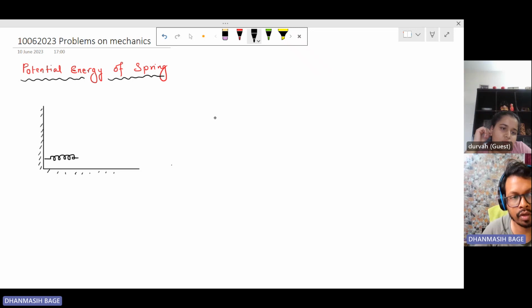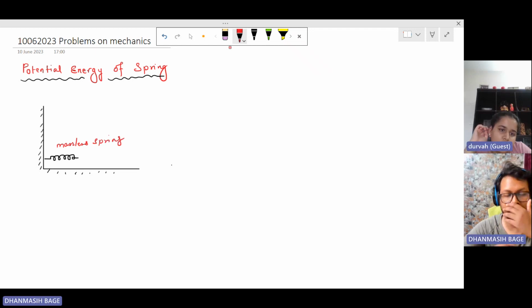First of all, we'll just talk about a massless spring. Whenever you're solving questions, it is understood that the spring is ideal. It means the spring doesn't have any mass at all. If it has any mass, it will be given in the problem itself. So let us say that it doesn't have any mass or negligible mass.